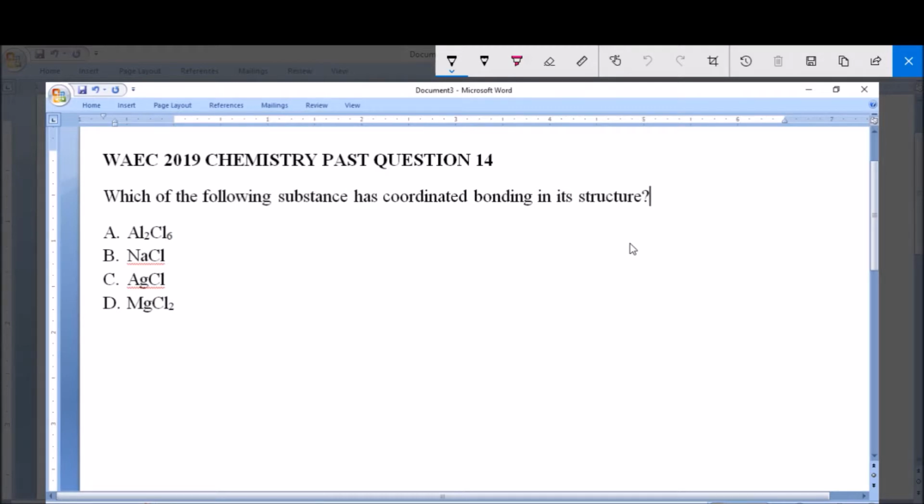Now, first let us define what a coordinate bond is, or we need to know what coordinate bonding is. So, what is a coordinate bond?